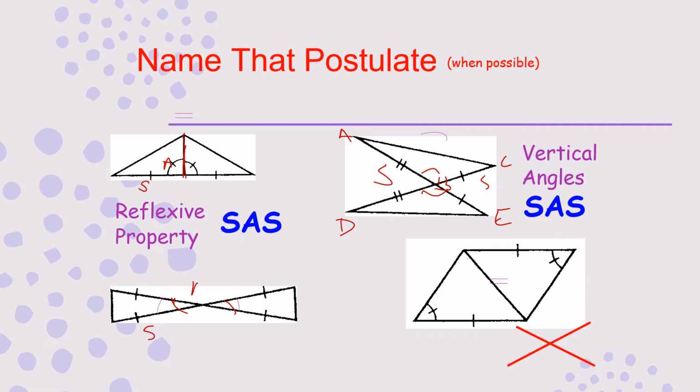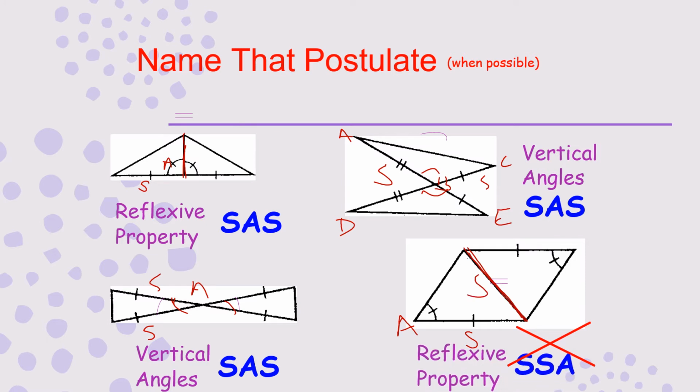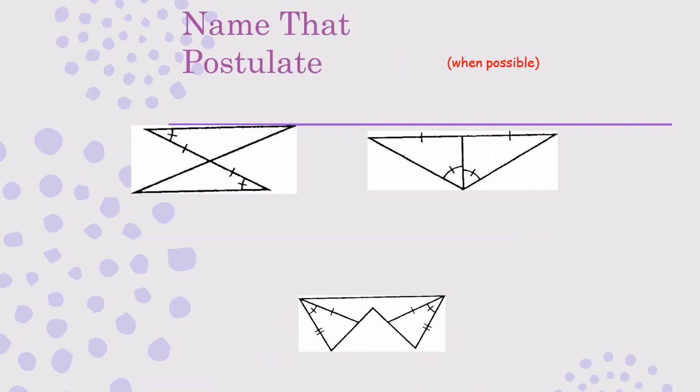So this is side, angle and side. And for the fourth one, this is your angle, this is your side, this is your common edge they are sharing. But we have already read that side, side, angle correspondence does not exist.